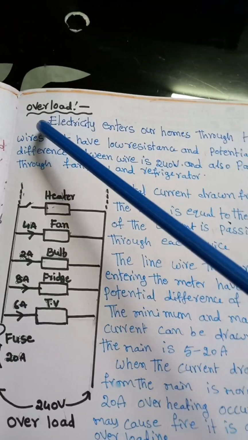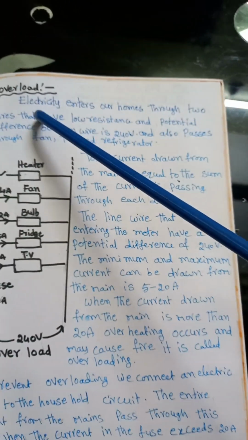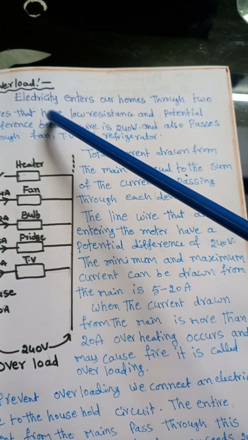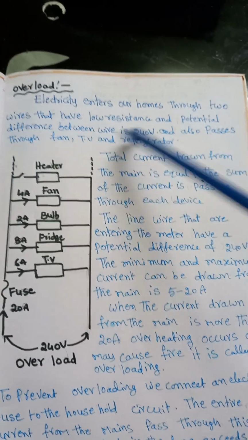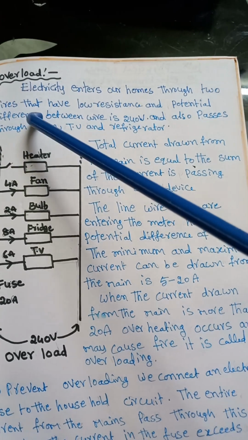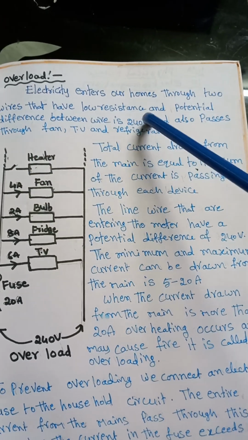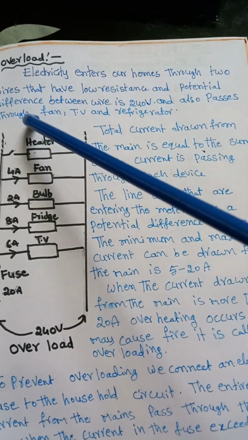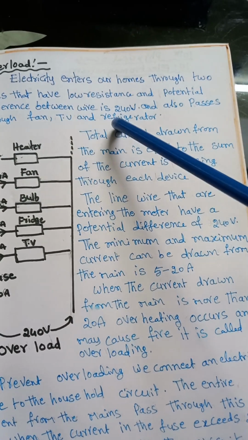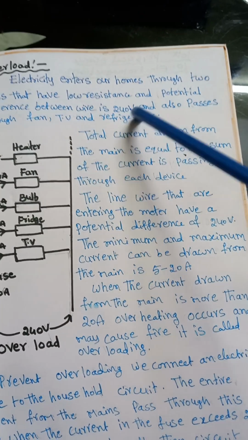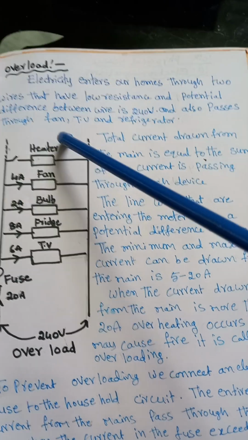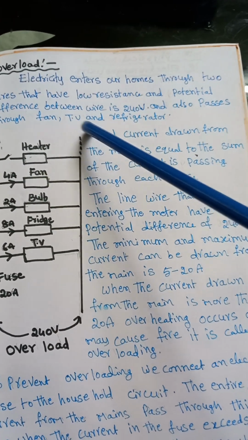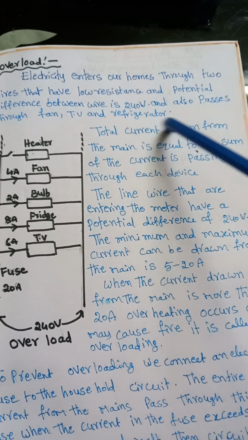Next one, overload. Electricity enters our homes through two wires that have low resistance, and the potential difference between the wires is 240 volts, and it also passes through fan, TV and refrigerator.